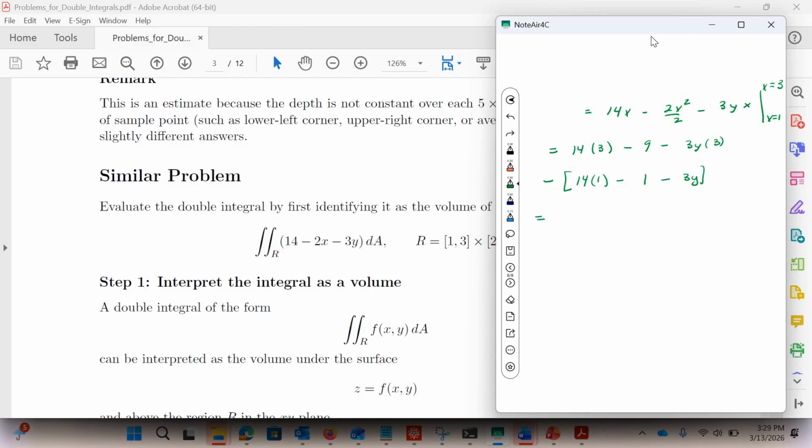Do that for me at your desk. I don't trust my arithmetic. I never did. Question? I prepared all the answers to that too, so you can check it. Tell me what you get. Do the work at your desk. 14 times 3 is 12, 3 minus 3y minus 9y.